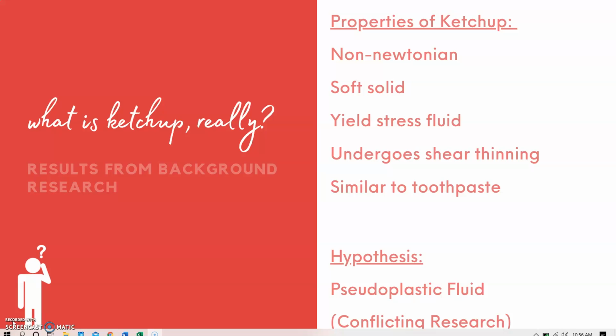A yield stress fluid is defined as a fluid that acts as a solid until it reaches a certain threshold force. In the case of ketchup, once it reaches a certain threshold force, which is defined by the yield point, the ketchup undergoes a phenomenon known as shear thinning, in which the viscosity decreases. Another fluid that exhibits a similar behavior is toothpaste.